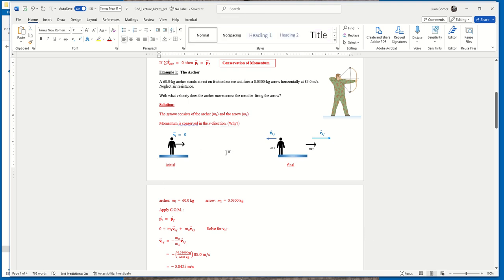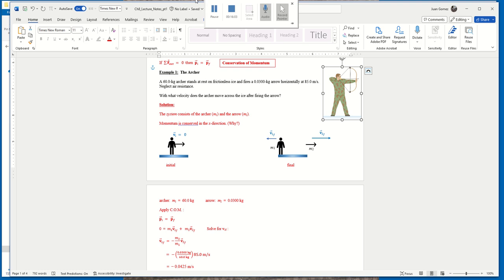Now you could have reversed it. I could have drawn it such that he fires the arrow the other way. I just did it because that's the figure there. Clearly, when he fires the arrow, it's going to move in the positive x, which means he's going to move in the negative x.